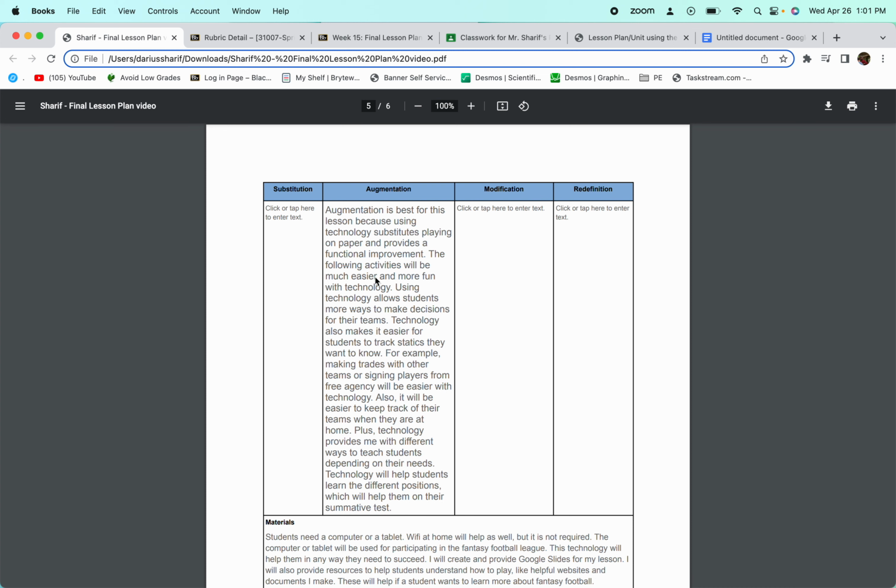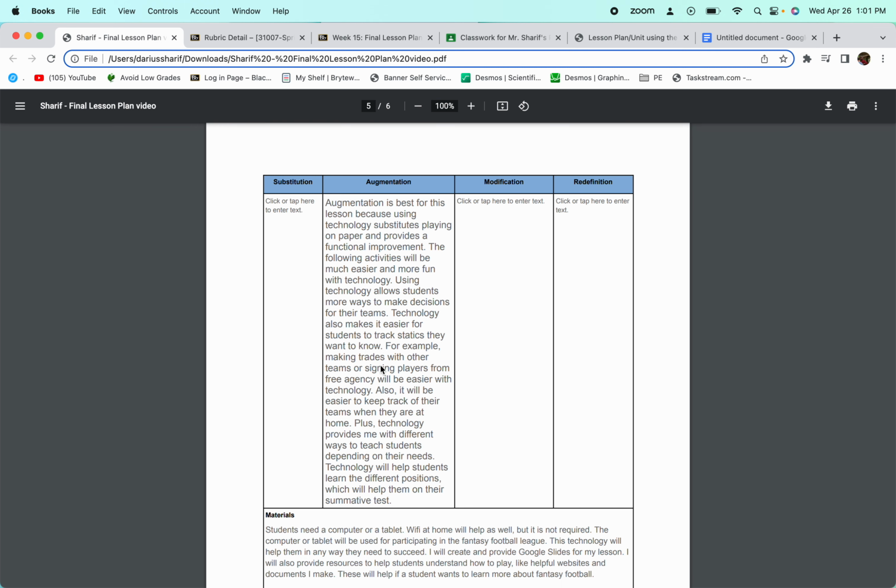The following activities will be much easier and more fun with technology. Using technology allows students more ways to make decisions for their teams. It also makes it easier to track statistics that they want to know. For example, making trades or signing players from free agency will be easier with technology.